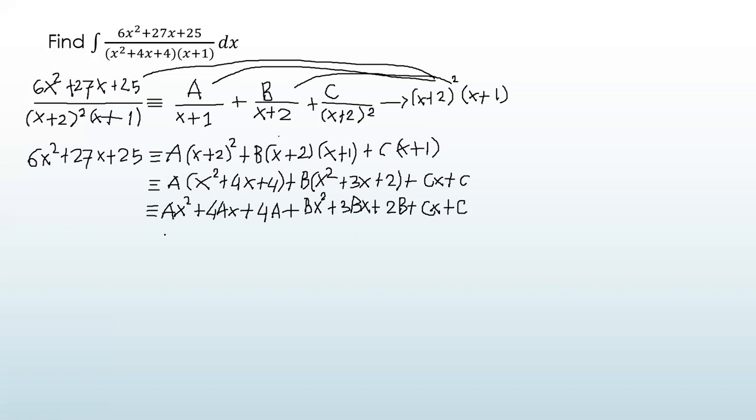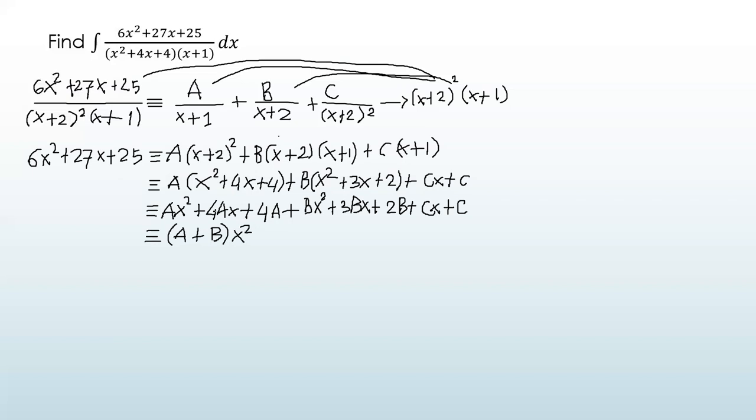Okay. And factorizing based on x squared, x, and x to the power 0, based on the variable. So it's going to be ax squared and bx squared, which factorizes to a plus b times x squared.